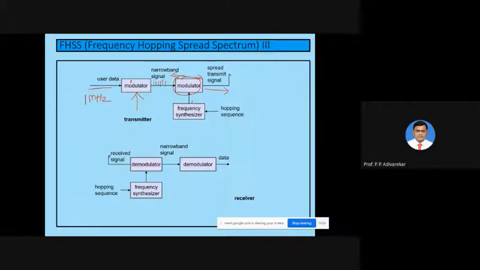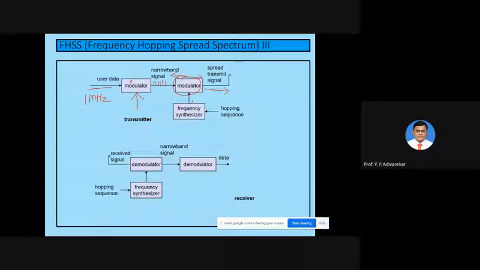Another input provided to this frequency synthesizer is the hopping sequence, which will decide the sequence in which frequencies are generated, like F2, F4, F1. Then such a spread signal will be transmitted. So the transmitter is very easy to understand.